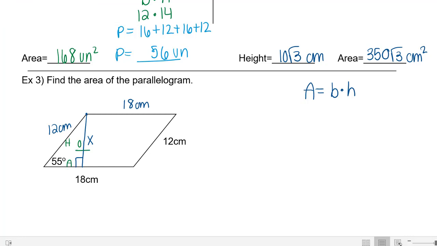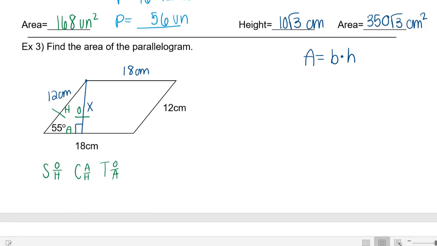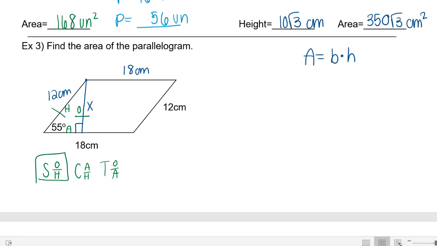So we need to find the opposite, and we're given the hypotenuse. So let's use a little sine, which involves our opposite and hypotenuse, right? So SOH CAH TOA, right? Just a little throwback to Unit 9. So setting up our sine function, it'll be sine of 55 is equal to the opposite as x over our hypotenuse as 12.